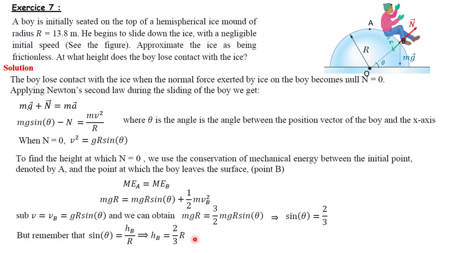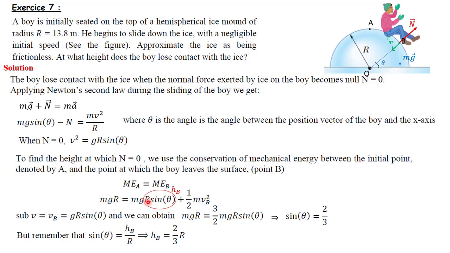So in this exercise, we use the fundamental relation of dynamics to find the expression of the normal reaction, and then since we don't have any contact at point B, we put that N is equal to 0. We deduced the expression of the speed at point B, and then we found a relationship between V and theta, or the relationship between VB and HB.